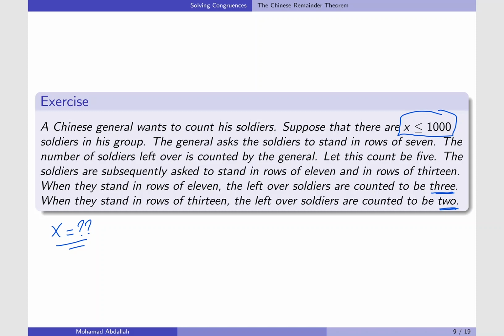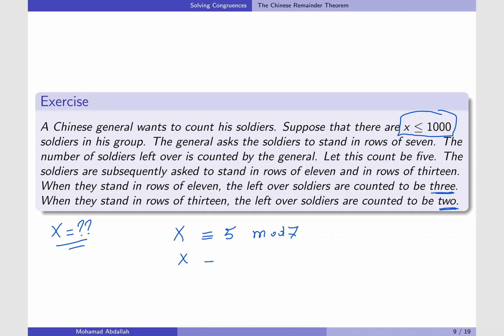But X satisfies the following. When we divided X into rows of 7, that means when you divide X by 7, the remainder was how much? 5. So X is congruent to 5 mod 7. That's how I can translate this. When they stand in rows of 11, that means when you divide them into 11s, the leftover was 3.